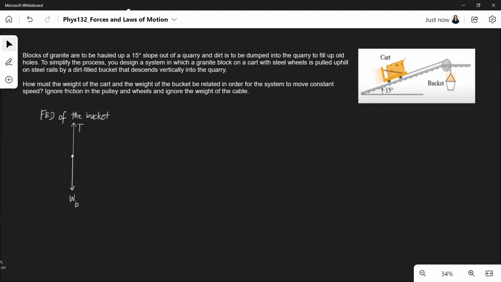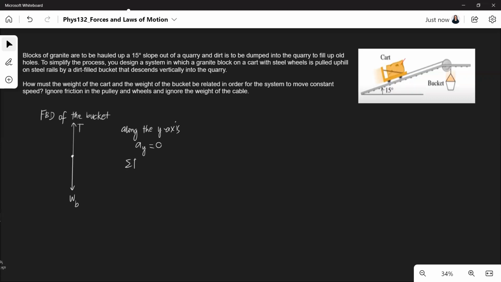So the tension on the cable is what is pulling the cart up the rail. Okay, so it's moving vertically, along the y-axis, with constant speed, so acceleration along the y-axis is zero.